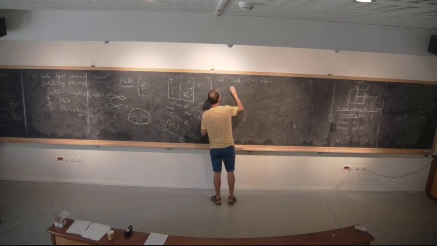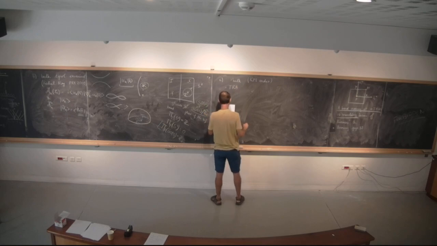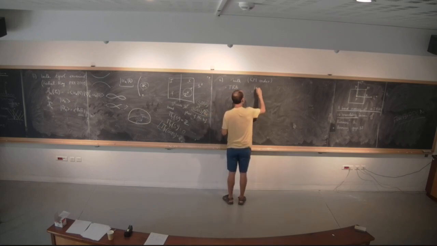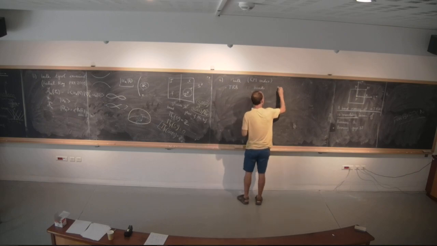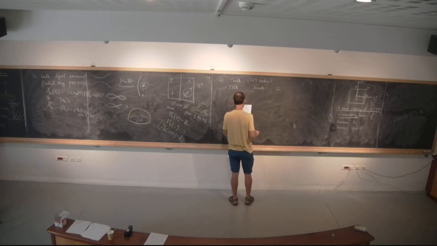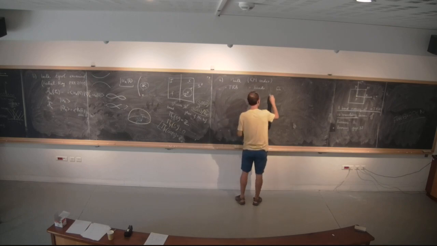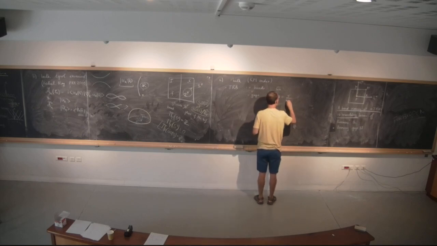So you remember in the case of time reversal breaking topological insulators, we have bands that carry an index which is a Chern number. And you have gaps that carry an index which is the sum over occupied bands of this Chern number.